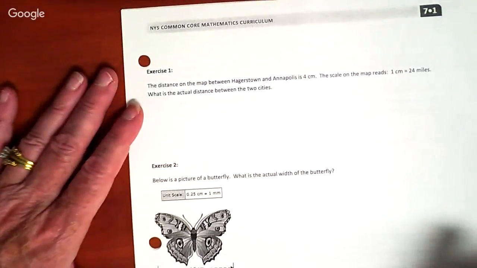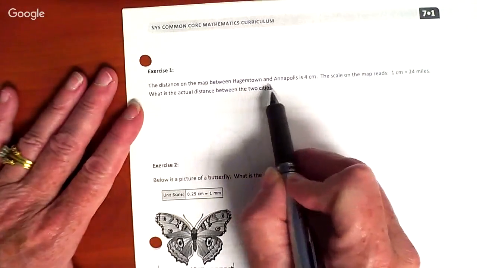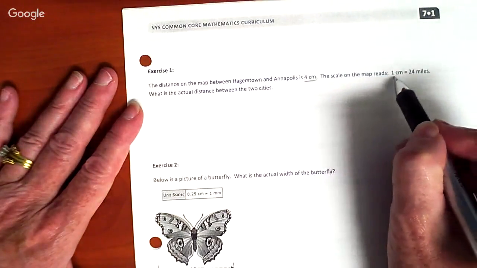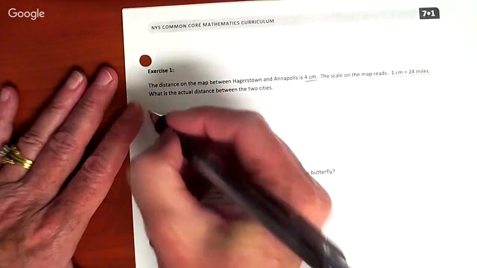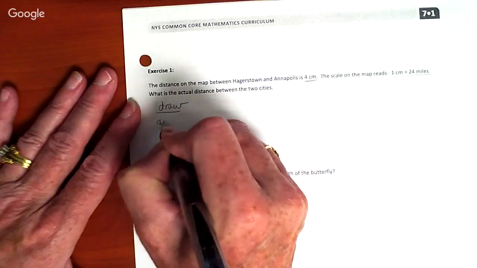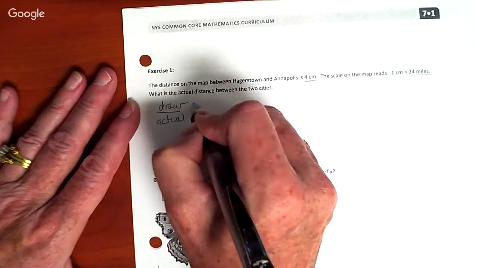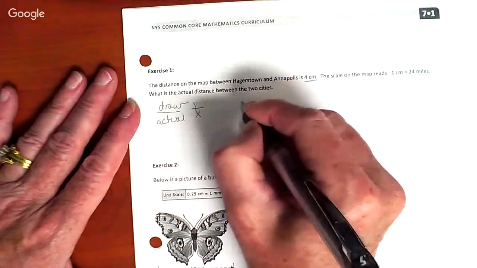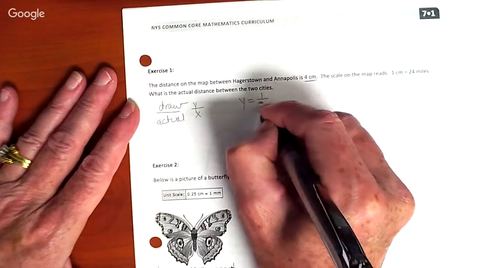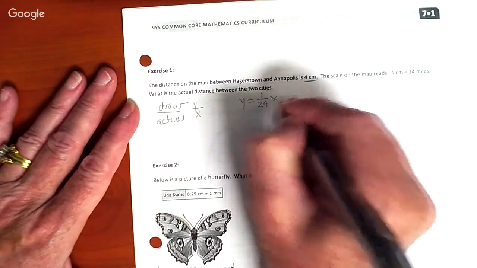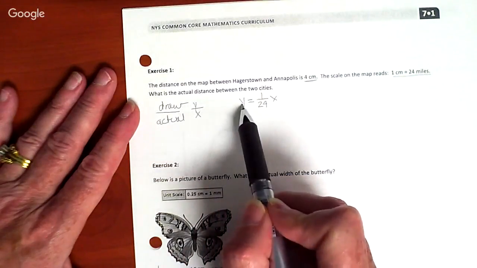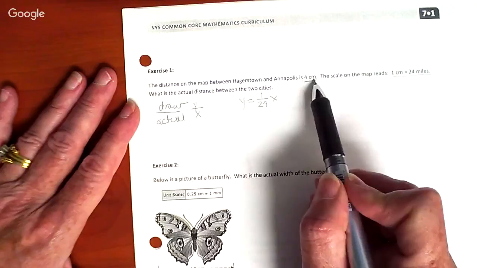The distance on a map between Hagerstown and Annapolis is 4 centimeters. The scale is 1 centimeter to 24 miles. So remember drawing to actual, y over x. So we have y equals 1 centimeter over 24 miles, x. Centimeter is the drawing, so that's where it's going to go here, 4 centimeters.